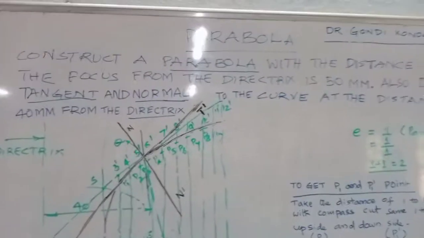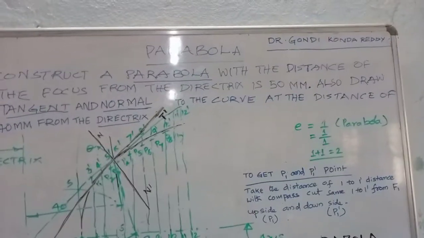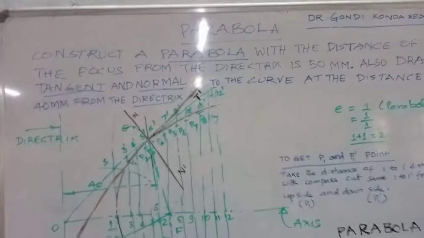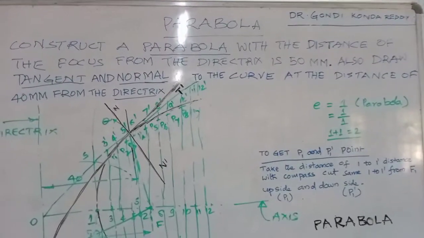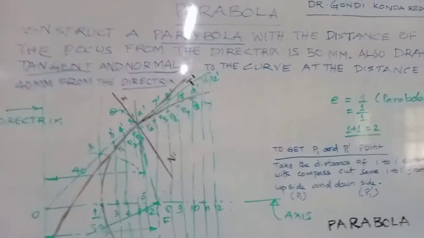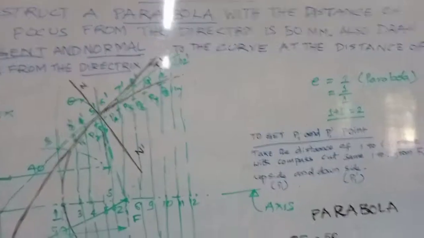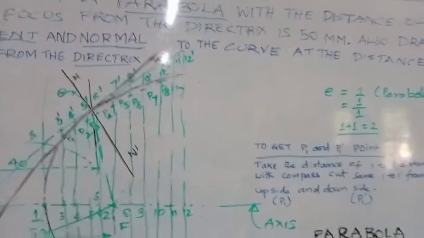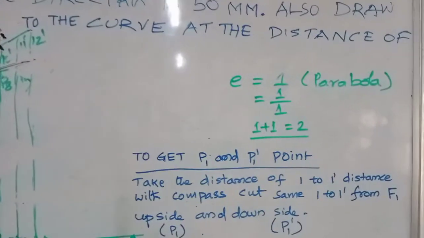Now, first of all, we will focus on how to complete the drawing of the parabola. We all understood that we require the E value for drawing any conic section. But what is the value? Being a parabola, we know the eccentricity for a parabola is 1.